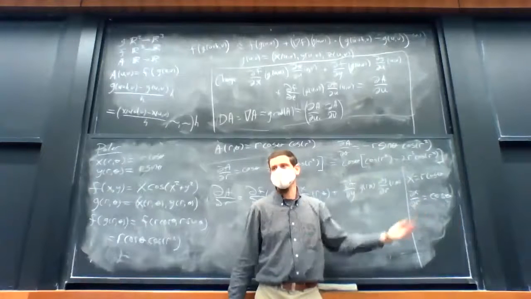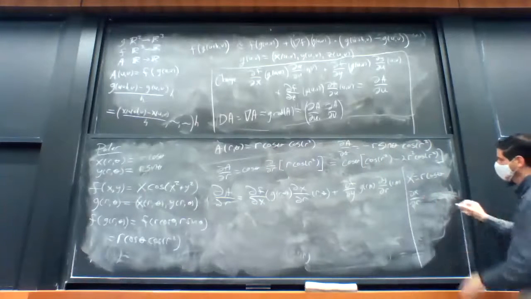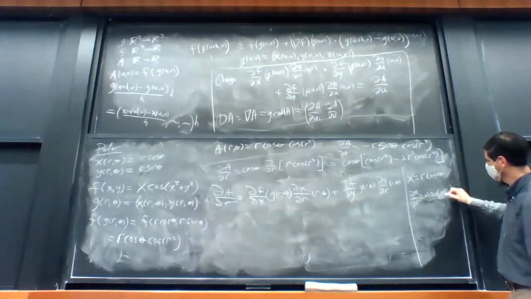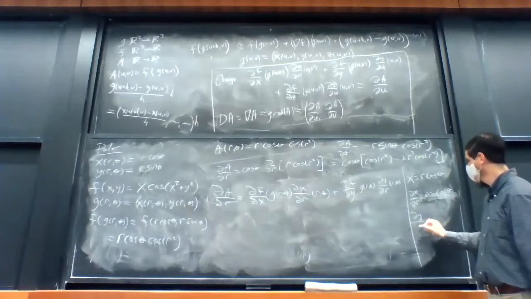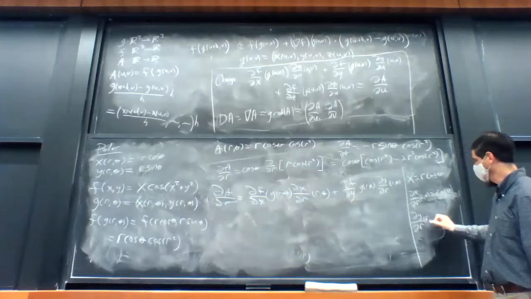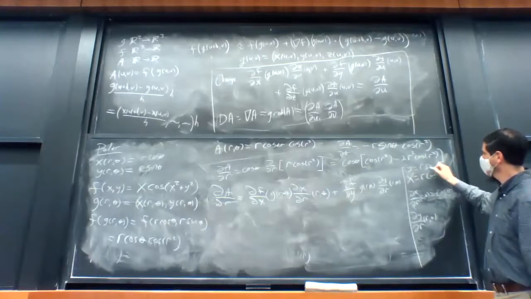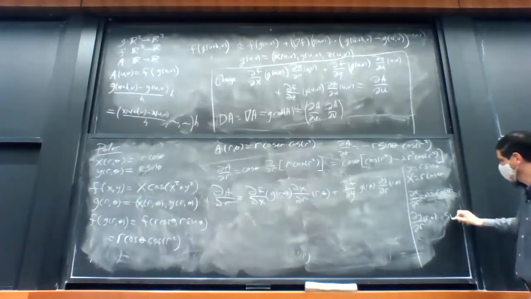It's clear that I'm evaluating this at R theta. To be really explicit, dx/dr at the point R theta is just cosine theta. What about dy/dr at R theta? So y is R sine theta. So dy/dr would just become sine theta.